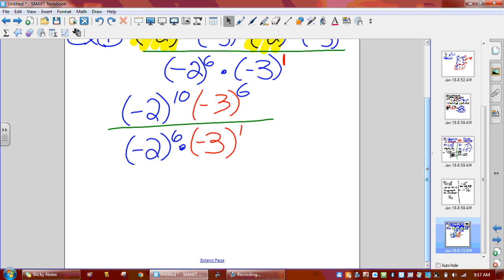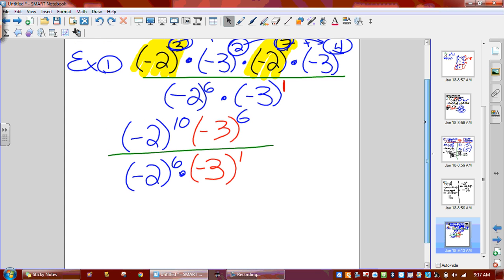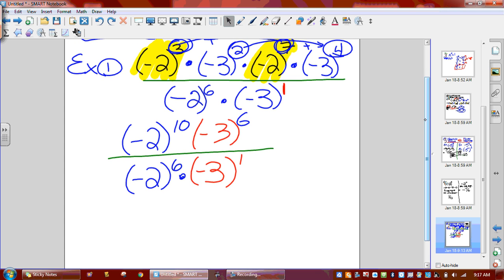Okay, so that's as far as we got there. So now, we take them separately. The blue ones on the left, the negative 2s, have the same bases. So we're going to take their exponents and subtract them. So how many negative 2s do we end up with? I have 10 subtracting 6. 4. All right.